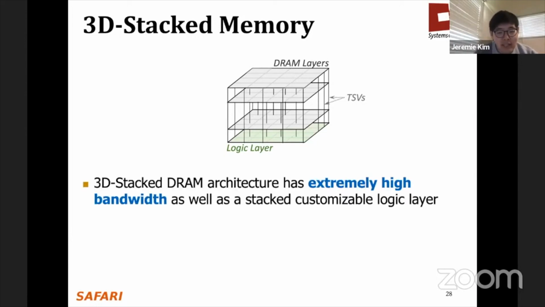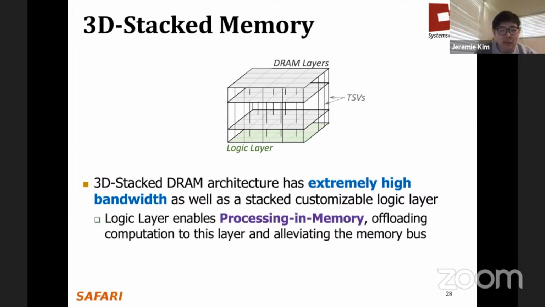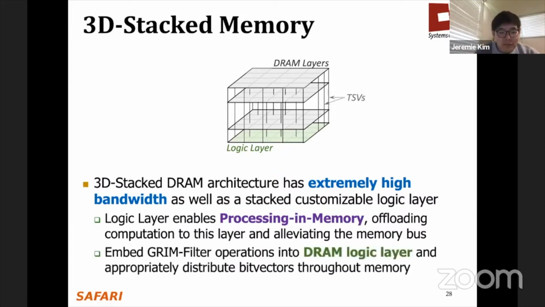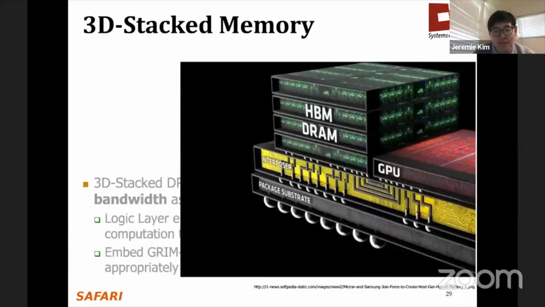This high bandwidth, together with the stacked customizable logic layer, enables processing in memory. Processing in memory offloads computation to this layer rather than transferring all the data to the CPU, having the CPU process it, and bringing it back. So it alleviates the memory bus. We can embed these GRIMFilter operations into the DRAM logic layer and appropriately distribute the bit vectors throughout the DRAM layer, so that we can effectively parallelize these operations in the logic layer.